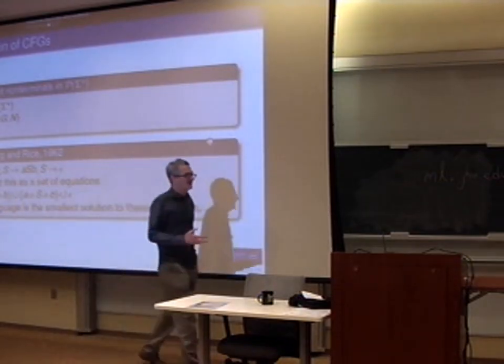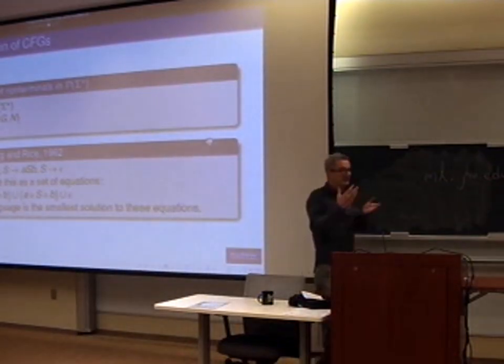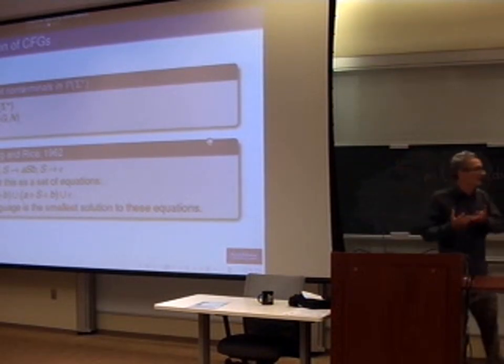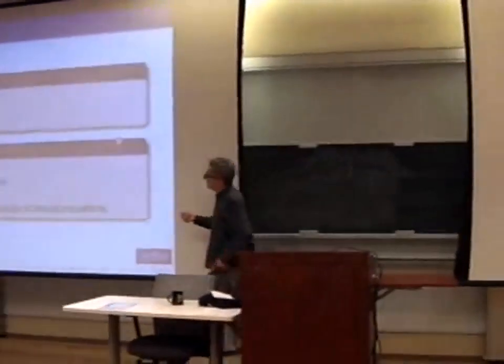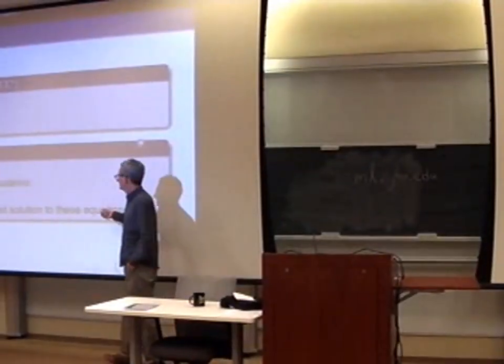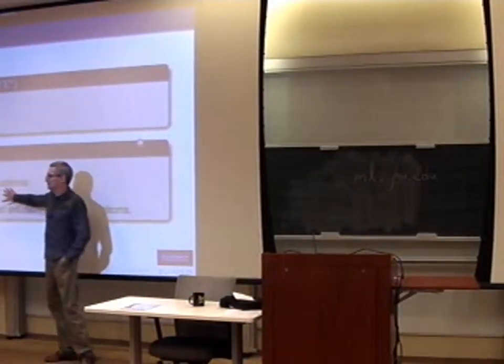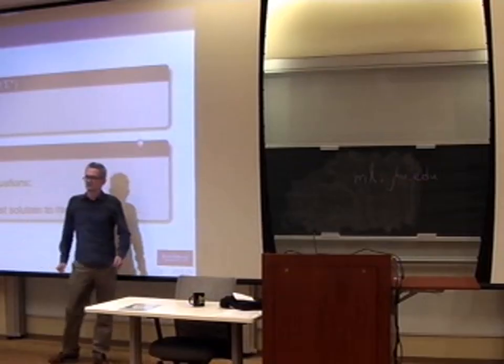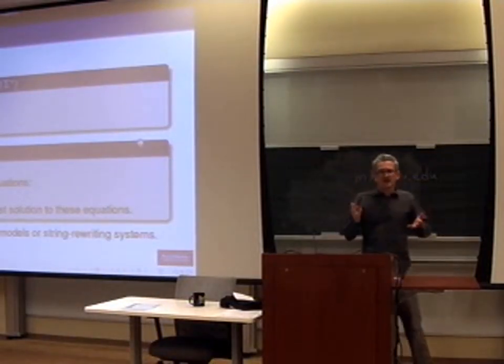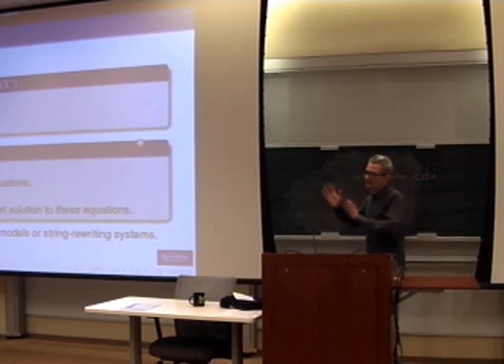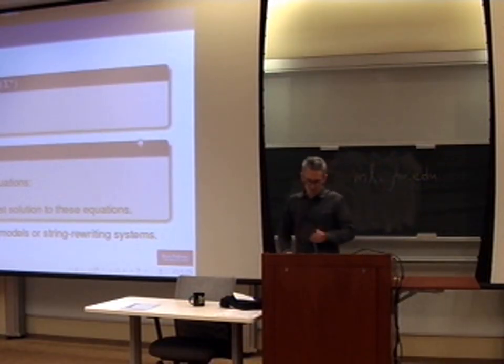And it's fairly easy to see that we can convert any context-free grammar with n non-terminals into a set of n equations, and the language generated by it is going to be, in a sense, the smallest solution to this set of equations. Okay, so this is an alternative to the standard ways of viewing context-free grammars, but it's in every way equivalent.